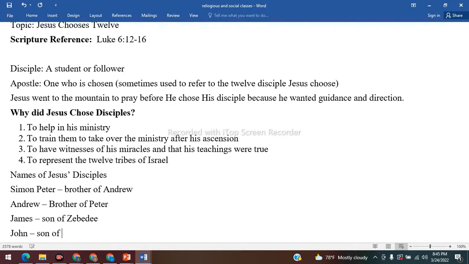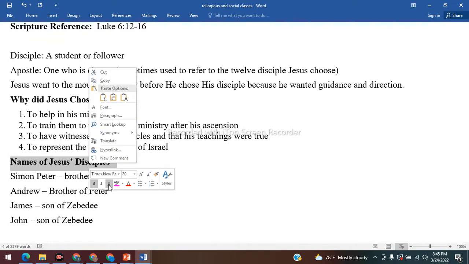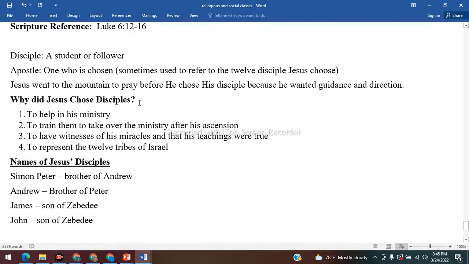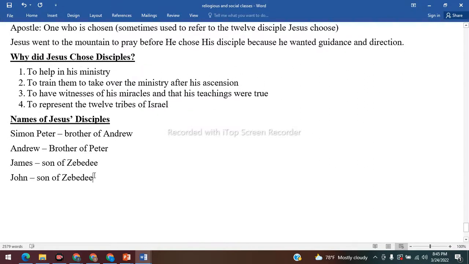When they say to train them to take over his ministry after his ascension, yes. And when he was praying and went before the Sanhedrin, his disciples fled. They did. So how were they supposed to take over the ministry if they ran away from him? But remember, they did come back.